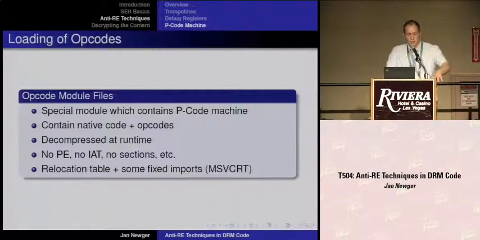On the other hand, these files are rather plain because there are no PE files, so there's no import address table, no sections, and so on. But there's a relocation table because these opcode modules might call into a fixed amount of imports, like, for example, the MS Visual C++ runtime. So there needs to be some relocation information in these opcode files.